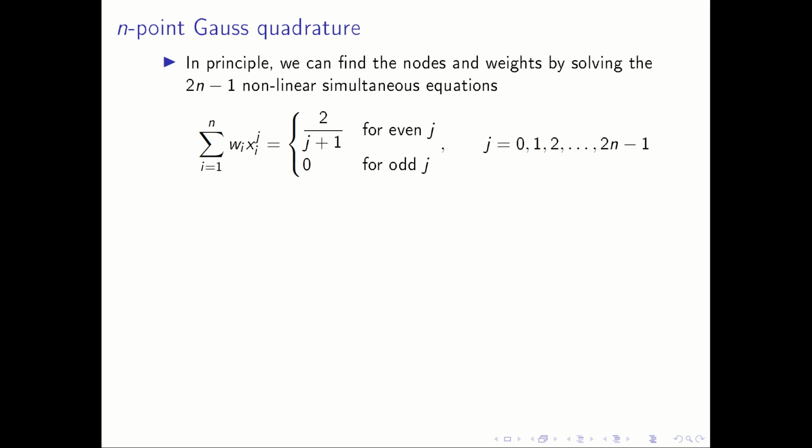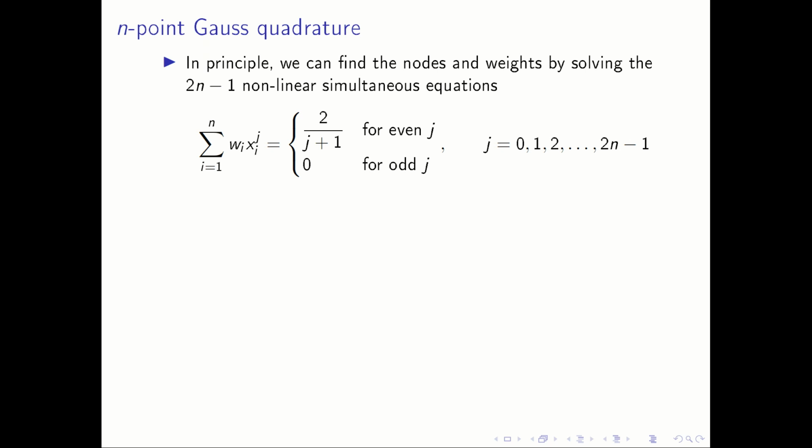So this will guarantee that for each power of x from 0 to 2n minus 1, the n-point Gauss quadrature formula will give me the exact result, which of course means that it will give me the exact result for any linear combination of them, that is any polynomial up to degree 2n minus 1. Now, there's only one catch here.